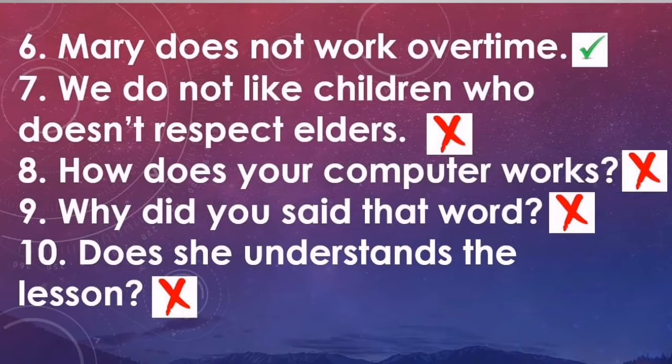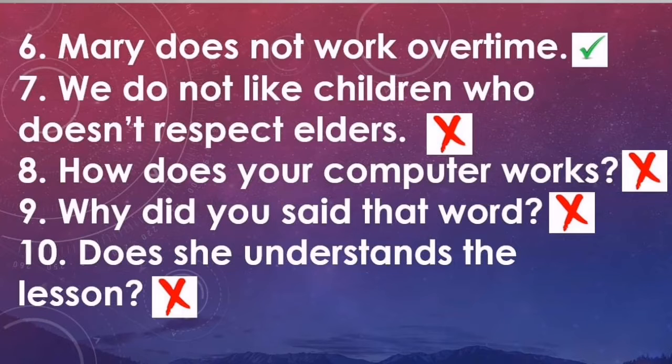Number 7, we do not like children who doesn't respect elders. This one is actually wrong. Why? Because we do not like children. That's correct actually. We is plural and do is plural. But in our phrase, who doesn't respect elders, we're talking about children here and children is plural.